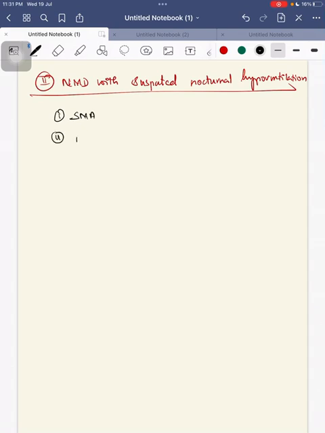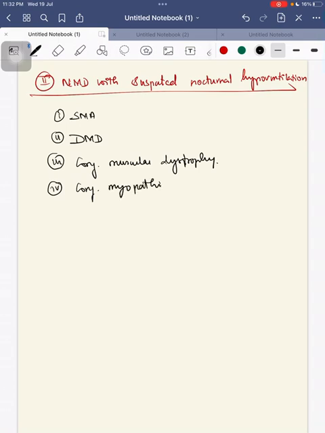These are children with SMA, that is spinal muscular atrophy, Duchenne muscular dystrophy, third congenital muscular dystrophy, fourth children with congenital myopathies, fifth children with congenital myasthenic syndrome.